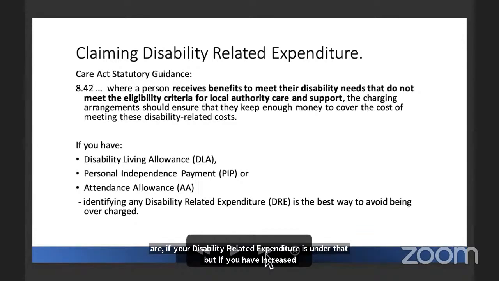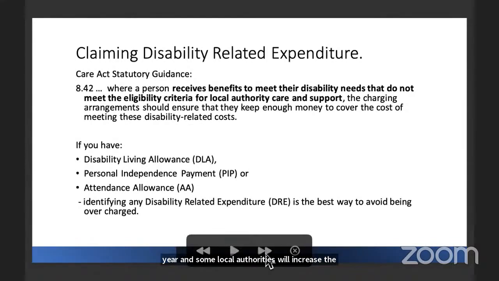Some local authorities ask for proof every year. They do a full financial assessment every year. And some local authorities will increase the charge, give you the information, and leave it to you as an individual to challenge and to ask for a proper full disability related expenses assessment to be taken into account.